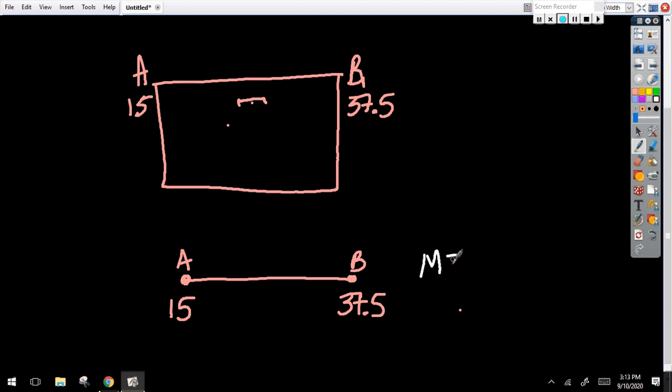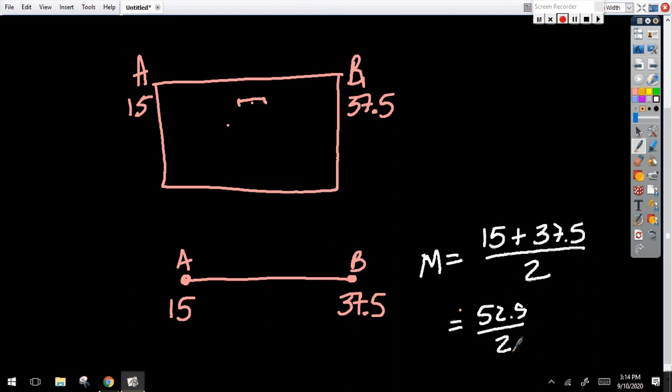So go ahead and do it, and you can pause it and check your work with me, and we'll come back together. All right, so if I average them together, I have 15 and 37.5, and I'm going to divide that by 2. And calculators are A-OK if you need them. Of course, we shouldn't rely on them if we don't always need them. But I would have 52.5 divided by 2.